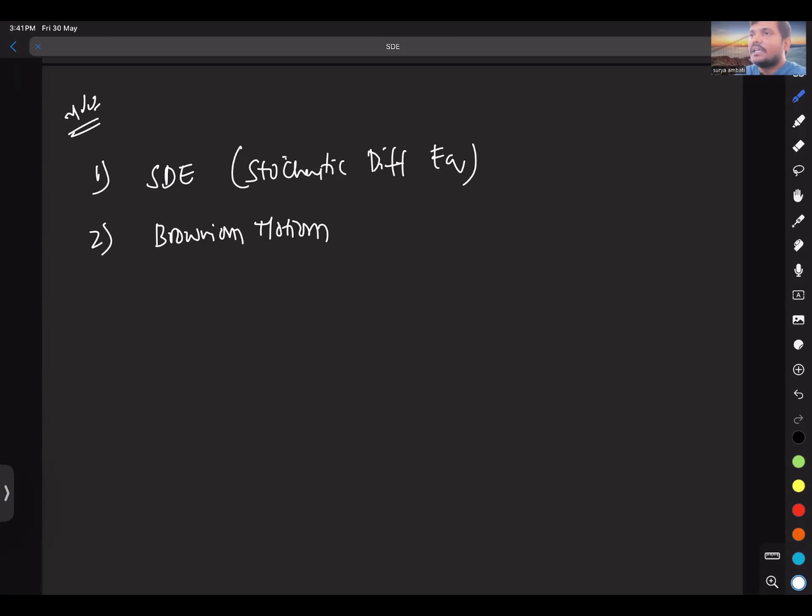Let me write it down. SDE basically is a mathematical equation used to model systems that evolve over time with both deterministic and random components. Let me write it.